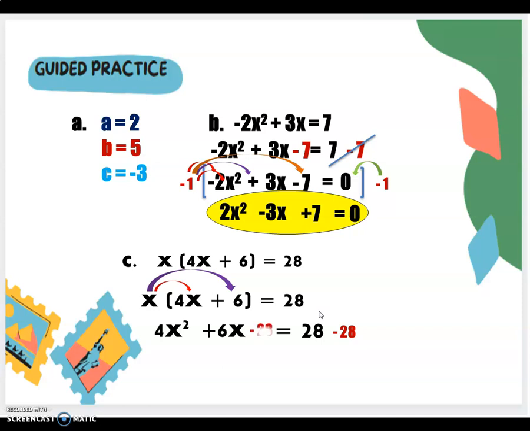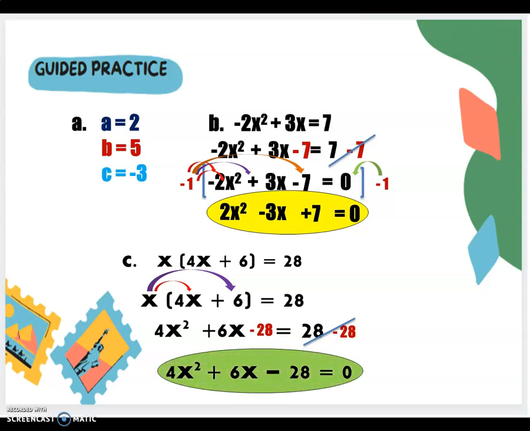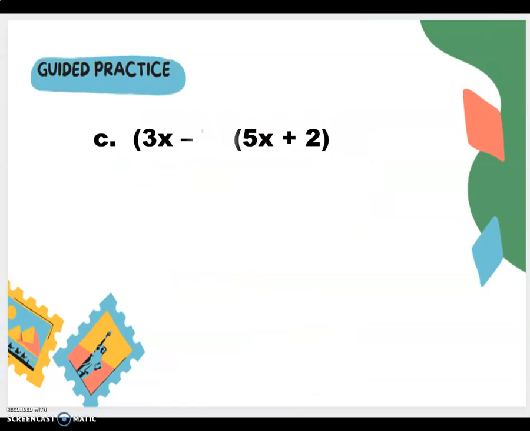Both sides. So cancel. So 4x squared plus 6x minus 28 is 0 is already in standard form. So the value of quadratic term is 4, value of linear term is positive 6, and the constant term is negative 28.